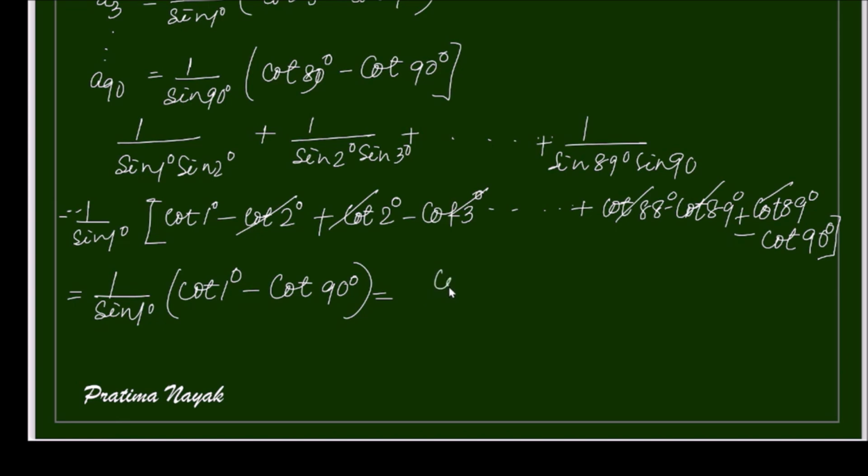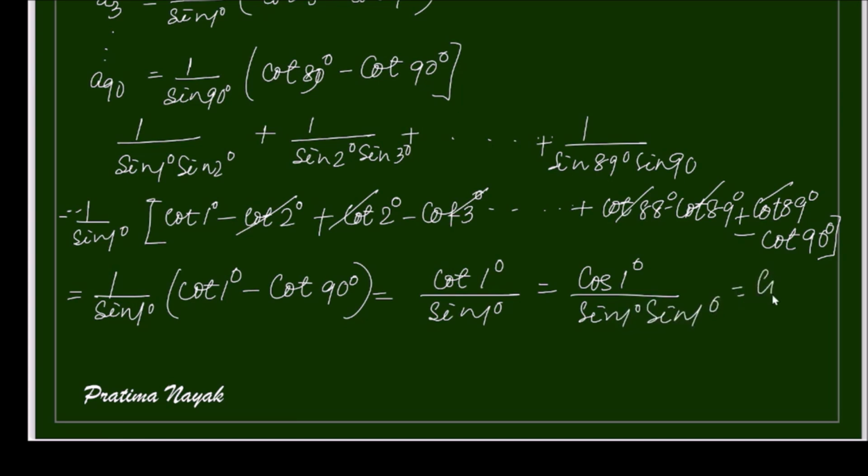So it will be cot 1 degree by sine 1 degree. Cot 1 means cos 1 degree upon sine 1 degree. Again sine 1 degree is there. So the answer is cos 1 degree by sine square 1 degree. So we reached the right hand side, hence proved.